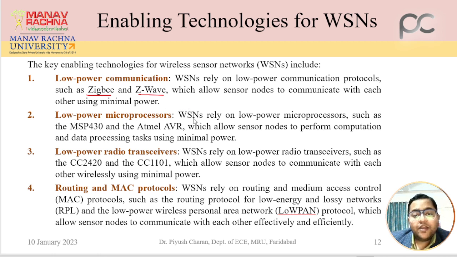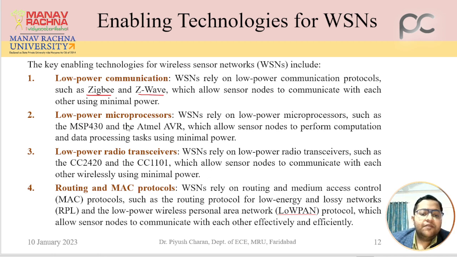Then there are low power microprocessors, such as the MSP430 and Atmel AVR, which allow sensor nodes to perform computation and data processing tasks using minimal power. Low power radio transceivers: WSNs rely on low power radio transceivers such as CC2420 and CC1101, which allow sensor nodes to communicate with each other wirelessly using minimal power.